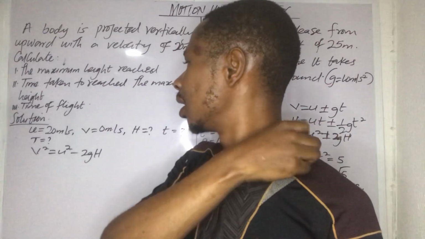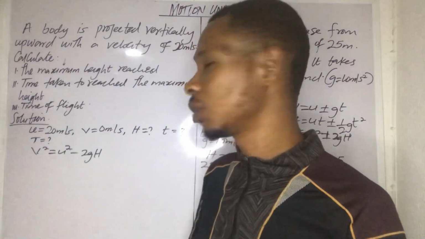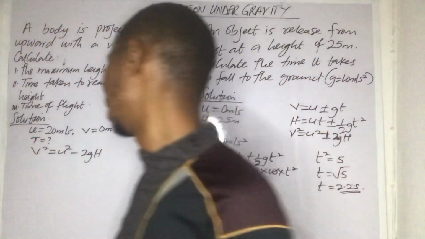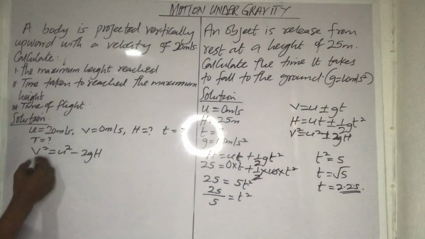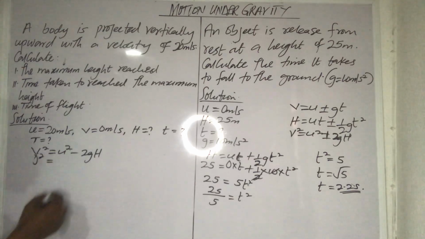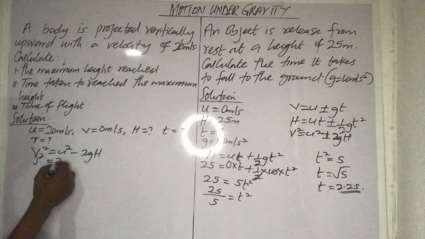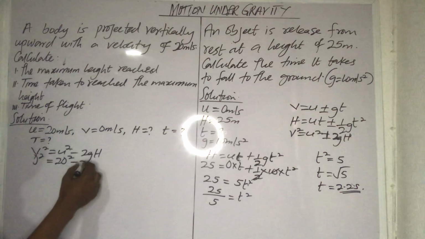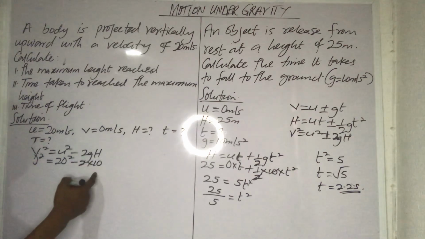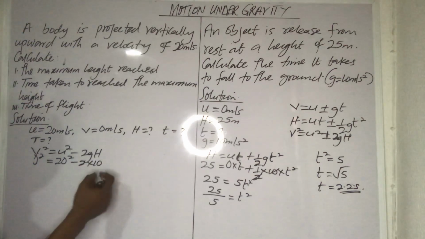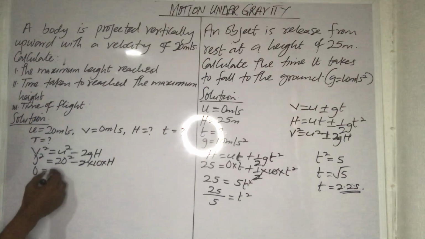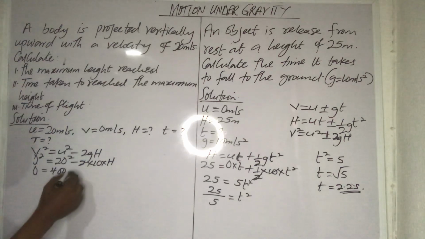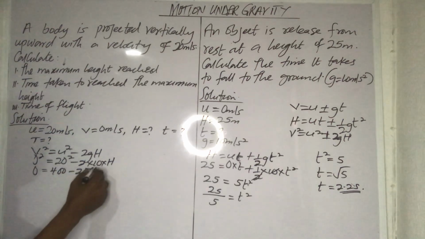Substituting, you have 0 squared equal to 20 squared minus 2 times 10 times the height h. So 0 is equal to 400 minus 20h.